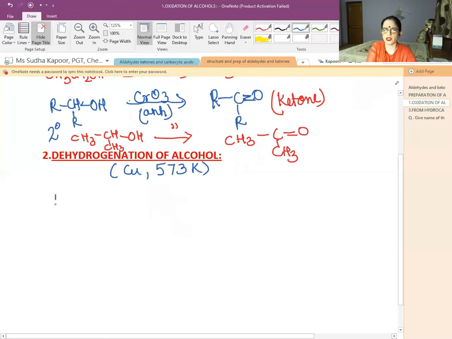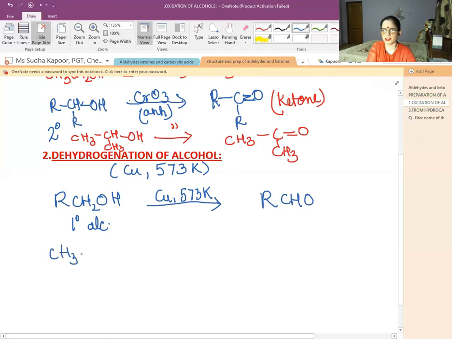If we take the 1 degree alcohol, RCH2OH, and treat it with copper at 573 Kelvin, then dehydrogenation takes place and the 1 degree alcohol is converted into aldehyde. Let us see one example of it side by side also.